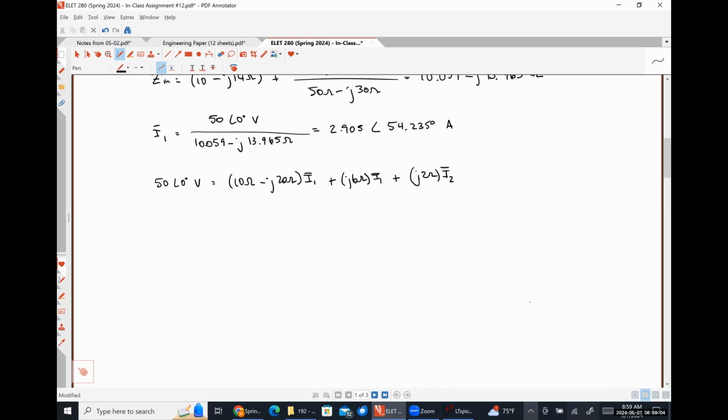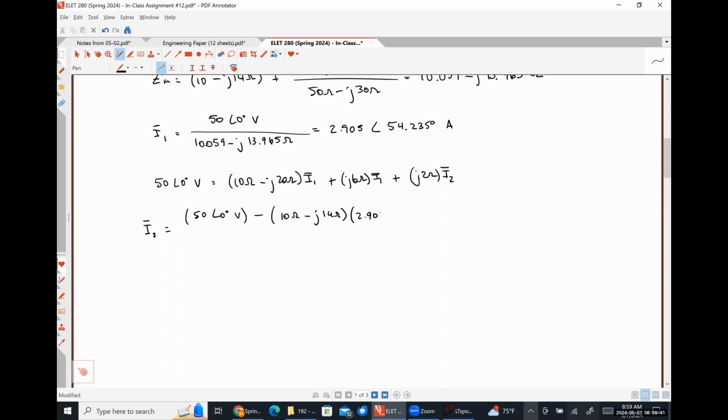So we have this expression that lets us find I2, right? So I2 is going to be 50 angle 0 degrees volts minus 10 ohms minus J. So I'm going to add this minus J20 I1 and plus J6 I1 together to give me minus J14 ohms.